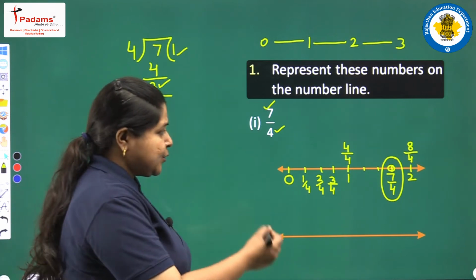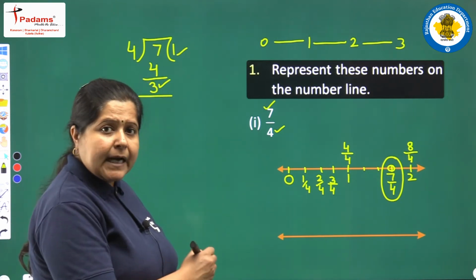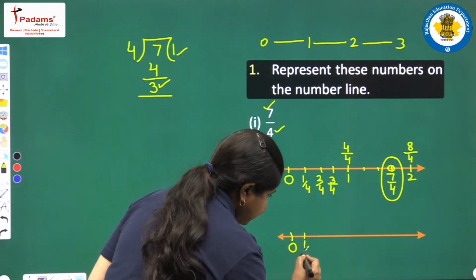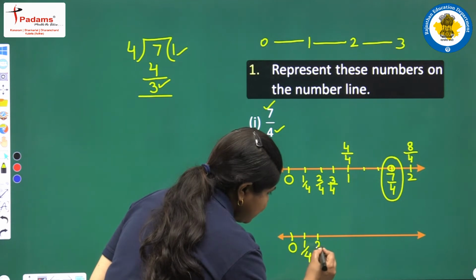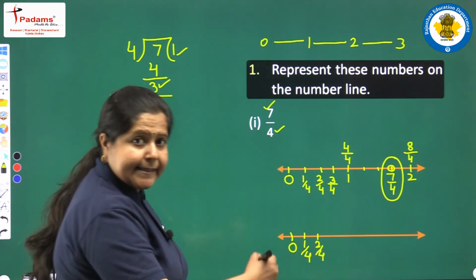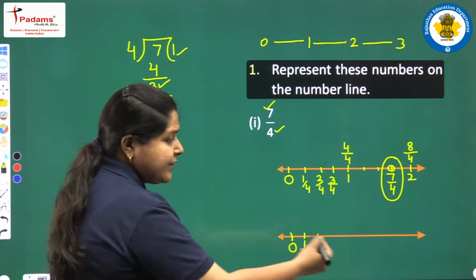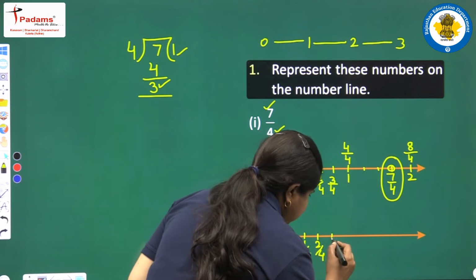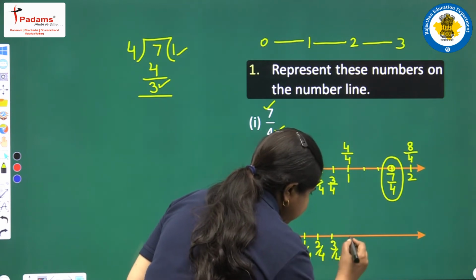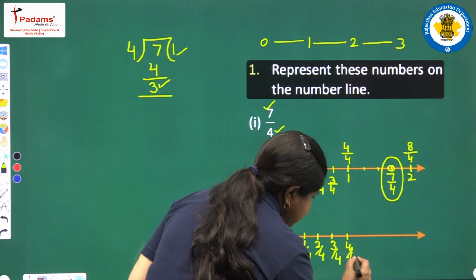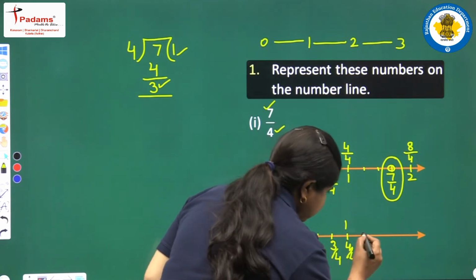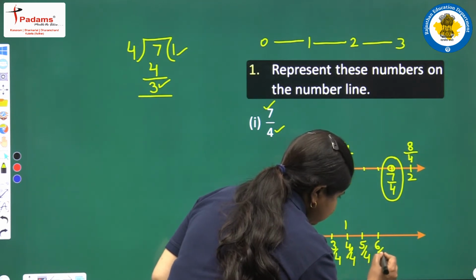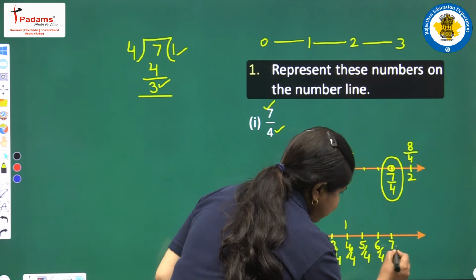We will reach 1 and 2 successively by starting with 0, then we will take 1 by 4, then 2 by 4, taking the numbers successively at equal gaps, we will reach 1 and 2 on the way. 3 by 4, then 4 upon 4, this 4 by 4 is nothing but 1, then 5 by 4, then 6 by 4, then 7 by 4.